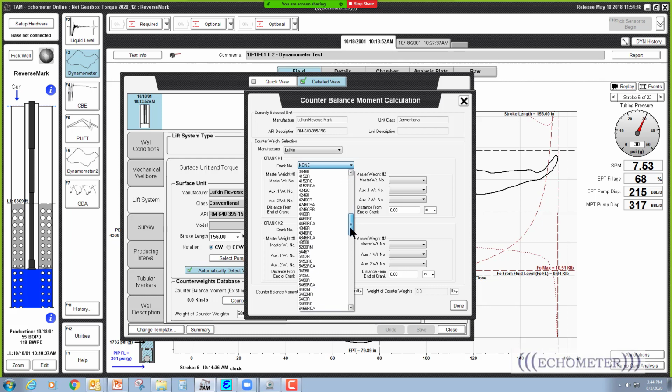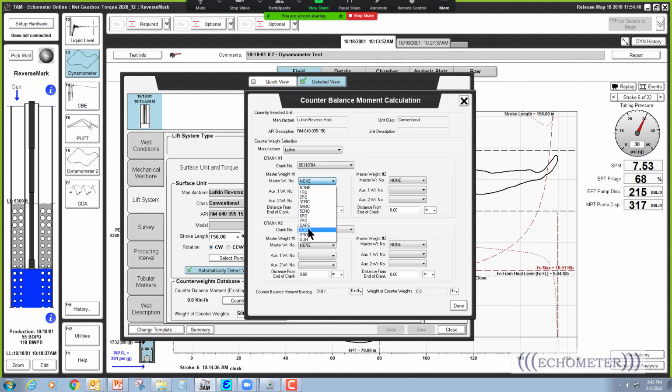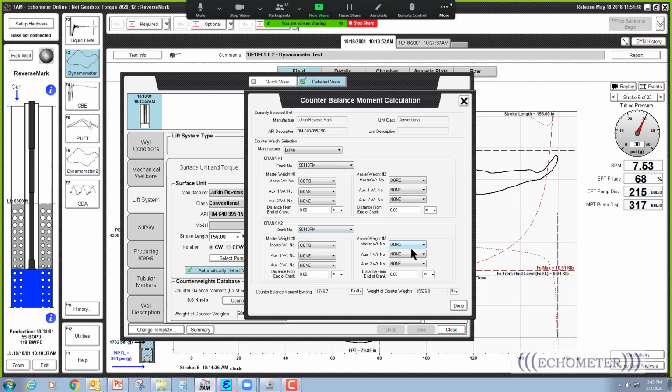Let's go find it. 901 RM for reverse mark. Okay, that's the crank, and so they're both the same. And we had ORO weights, and they were positioned at the end of the crank. And so we'll say done.